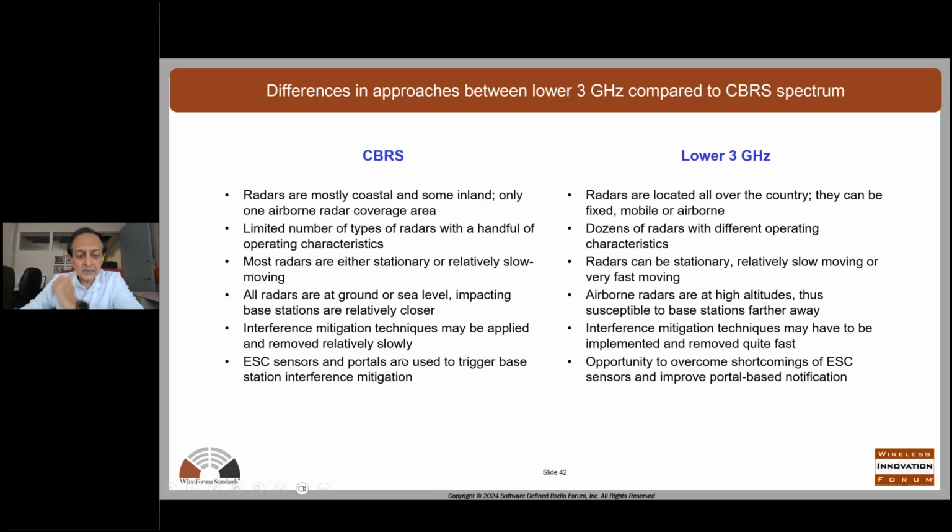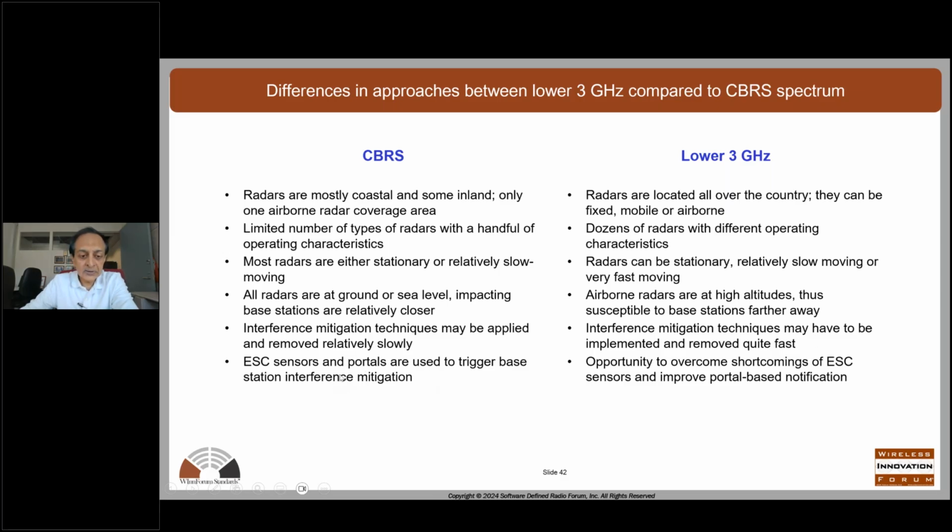Interference mitigation techniques may be applied relatively slowly as the naval radars move relatively slowly. But here, our interference mitigation techniques have to be very fast, again, because of the speed of the mobility and to make sure that the radars do perform at the rate that they are supposed to do.